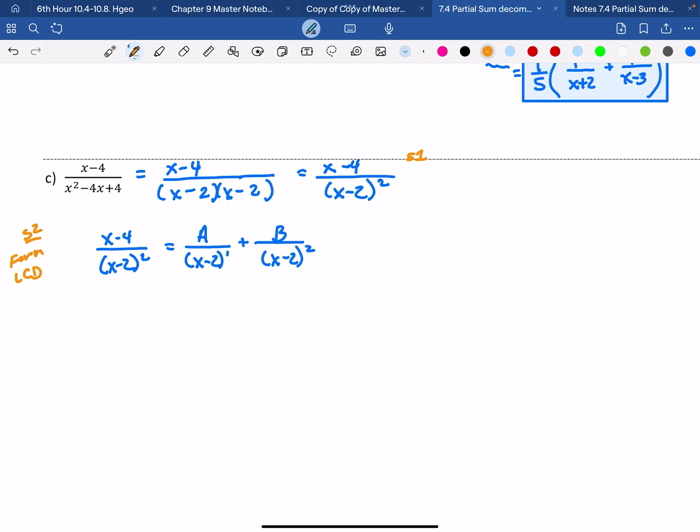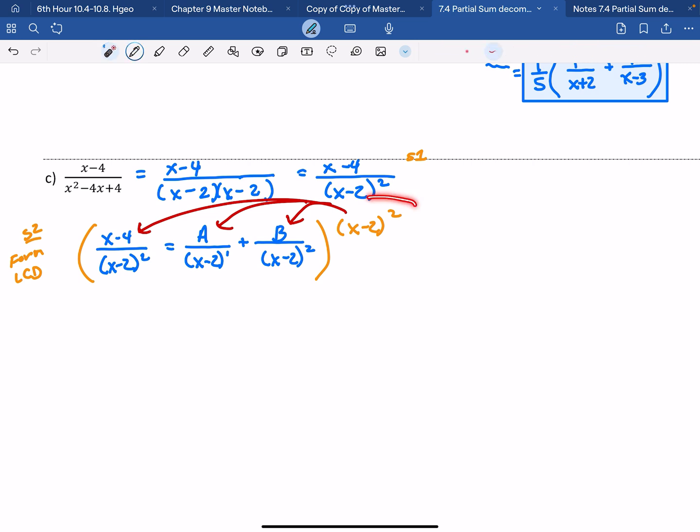So now I can take that entire thing and start solving for A and B. My goal is to wipe out the denominator, so I am going to multiply everything by that denominator, and then it will be cleared away. We don't like working with those fractions. So here we go.